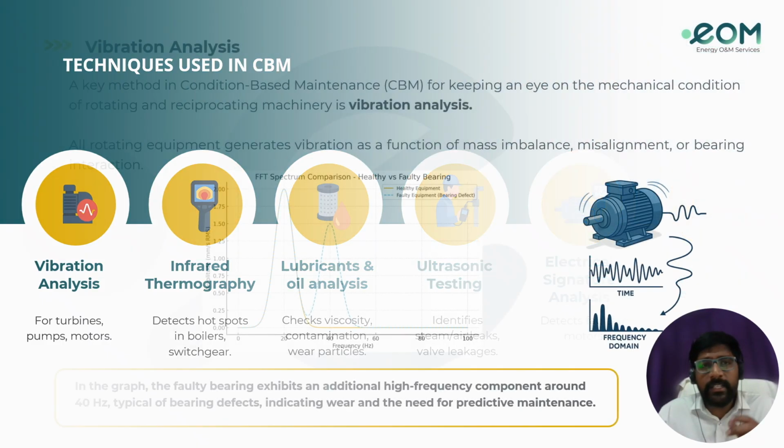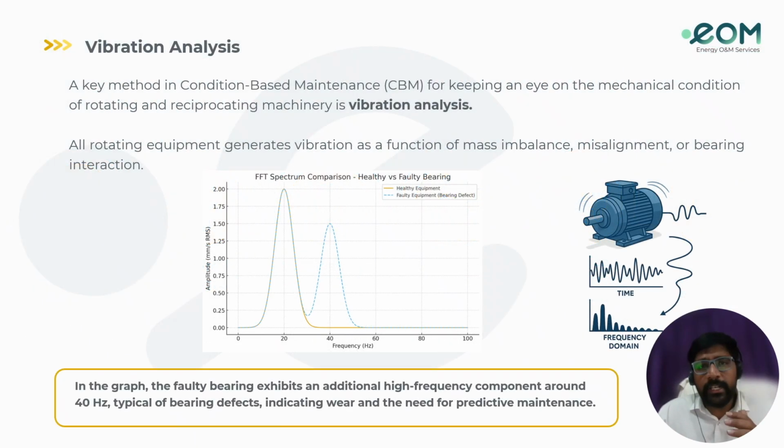So let's start with the first technique, which is vibration analysis, the key method in condition based maintenance for keeping an eye on the mechanical condition of rotary and reciprocating machineries. All rotating equipment generates vibrations, as a function of imbalance, misalignment, or bearing interaction.